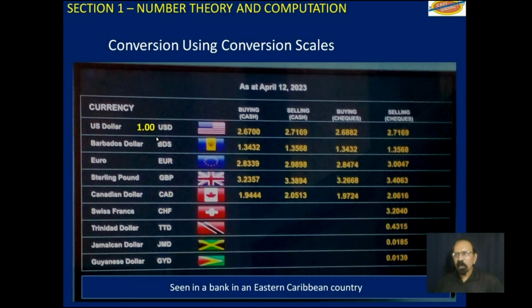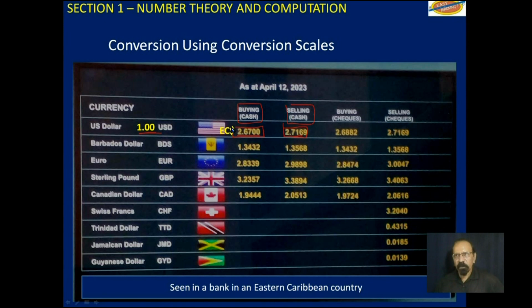That is to say, if you consider $1 US, it is worth, if you are changing it, a bank is buying it, 2.6700 EC dollars if the bank is buying it from you. But if you go to buy $1 US, they will sell it to you for 2.7169 EC dollars. So they will sell at a higher rate than they buy.